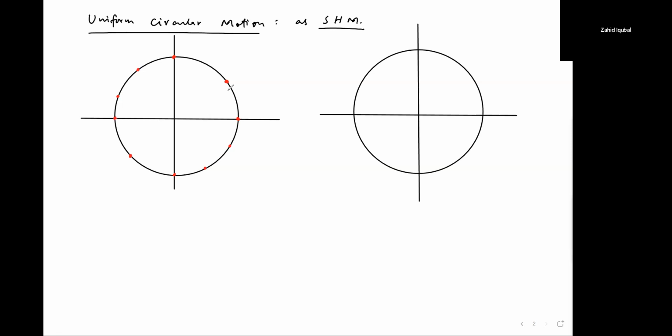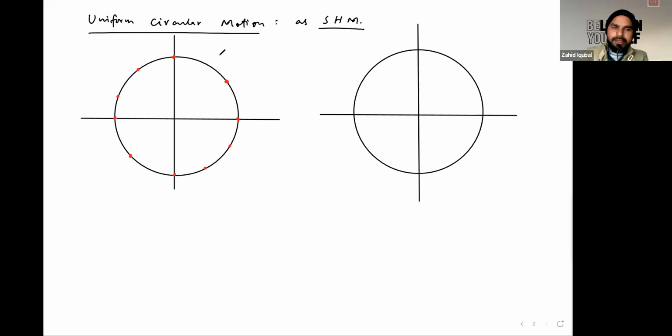In this part, a particle is going along uniform circular motion with constant uniform angular velocity omega. So if you take its projection along x-axis, the projection of particle will be at this point.